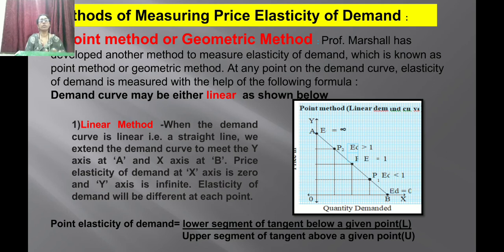We have shown the linear method. In the linear method, the demand curve is a straight line extended to the y-axis and x-axis, so it touches both axes at points A and B. So the demand curve is given the name AB. Got it? Then 5 points are taken and accordingly we measure it.